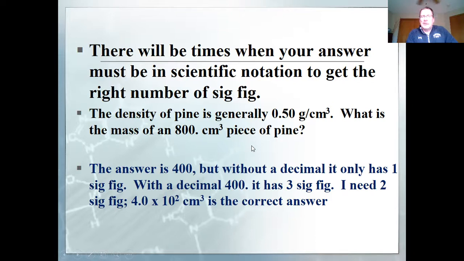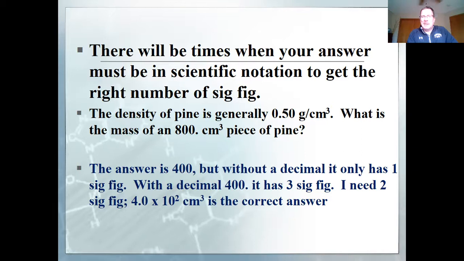Right? So mass is density times volume. The 0.50 has two significant figures, the 5 and the 0 at the end because of the decimal. This one's a placeholder. The 800 with a decimal is three significant figures because the 8 and these two zeros count because of that decimal. So when I multiply, the answer is 400.